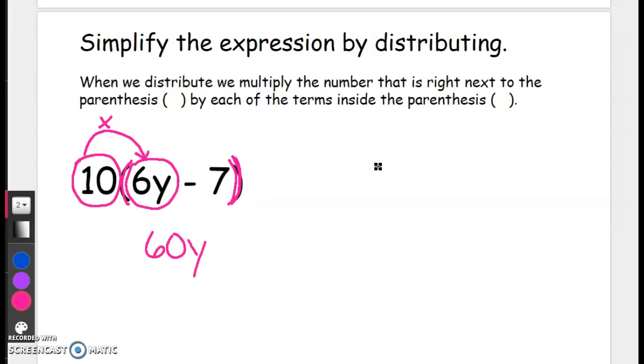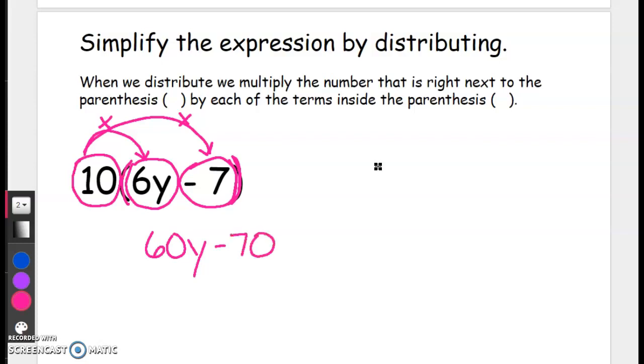The next thing we're going to do is multiply that 10 by our next term inside of our parentheses. The next term is -7. So we're doing 10, and again we're multiplying when we're distributing, times -7. 10 times -7 gives me a -70, so I'm going to write this down as minus 70.